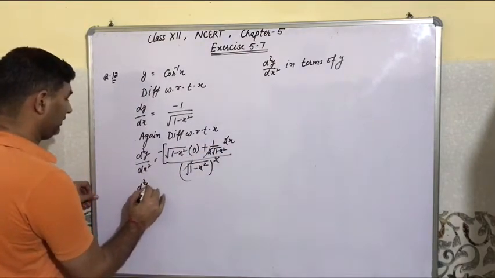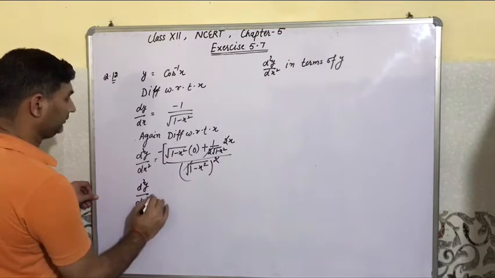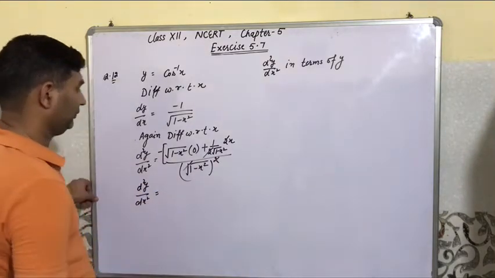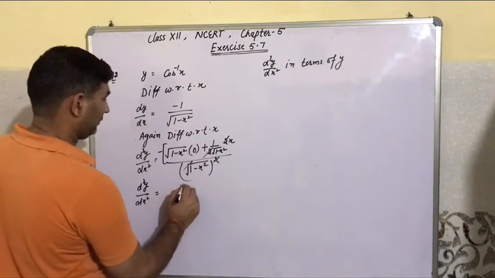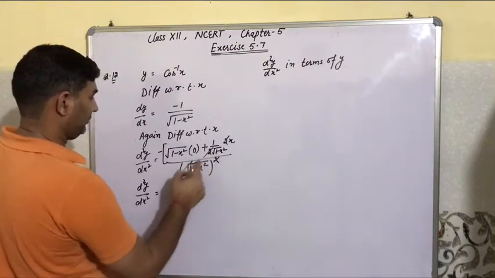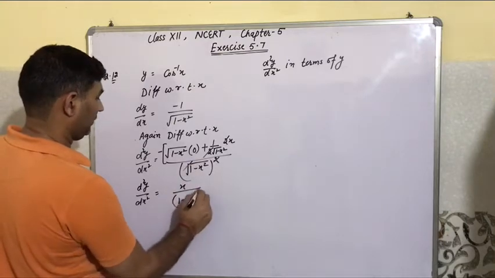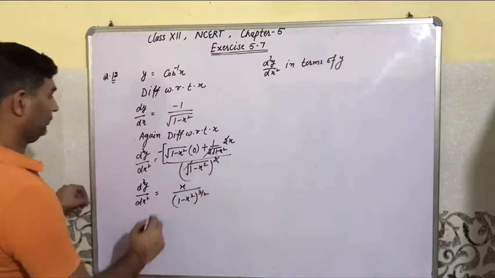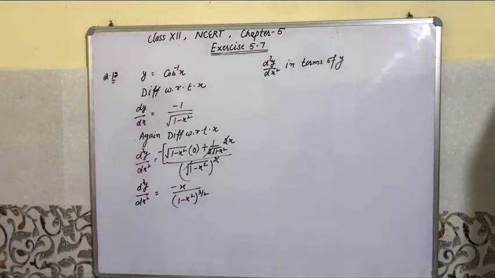This d square y upon dx square is equal to x upon 1 minus x square and power 3 by 2, and this value is negative.